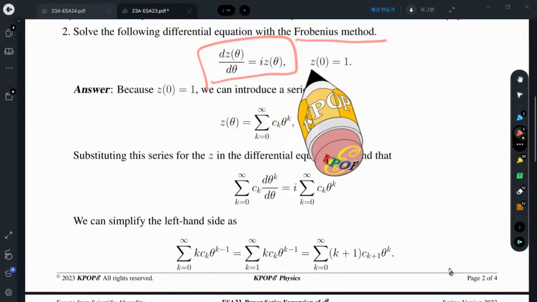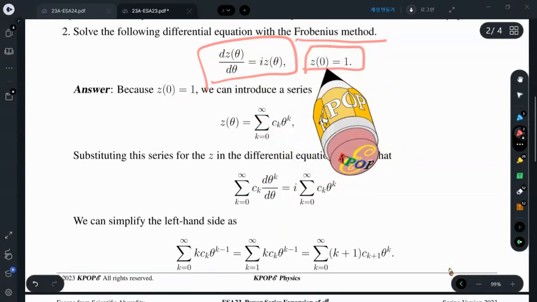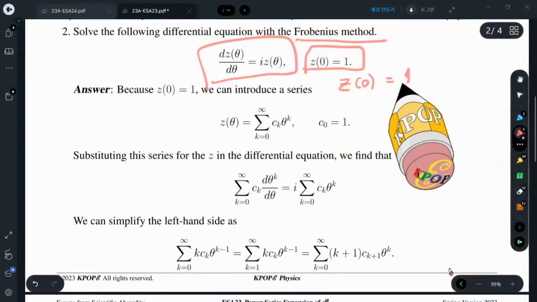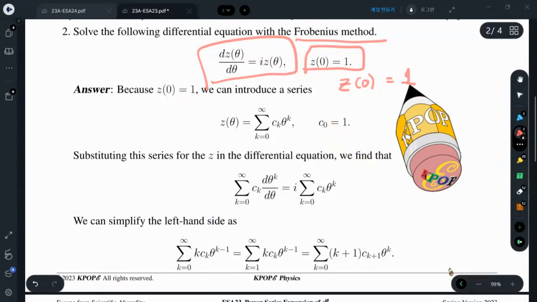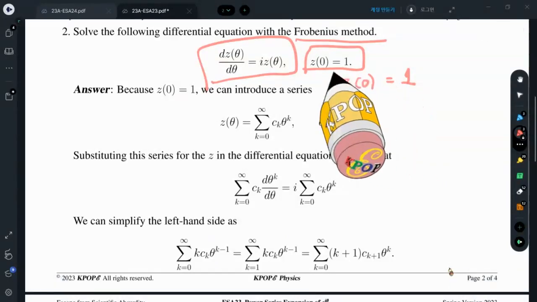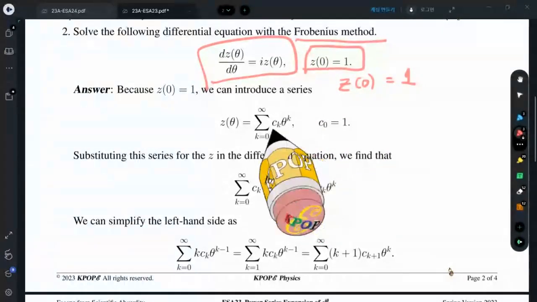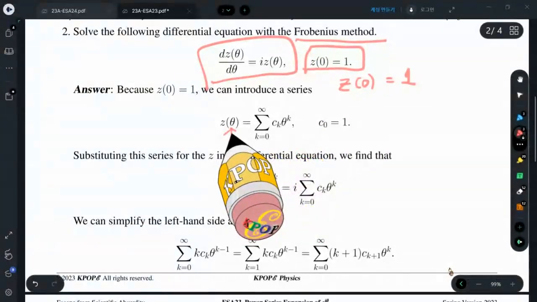And we have the initial condition that at theta equals 0, it is 1. So we can think that it can be expanded in a power series in this variable theta.